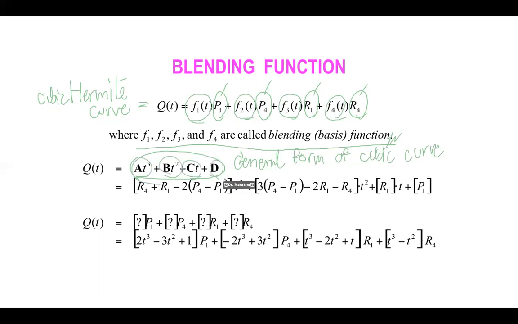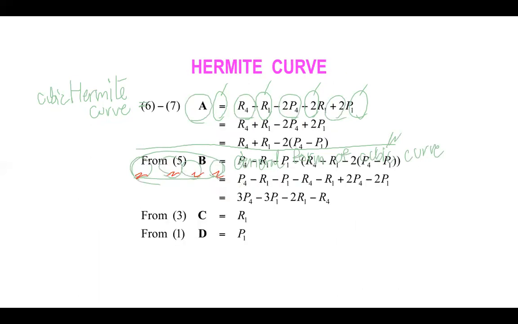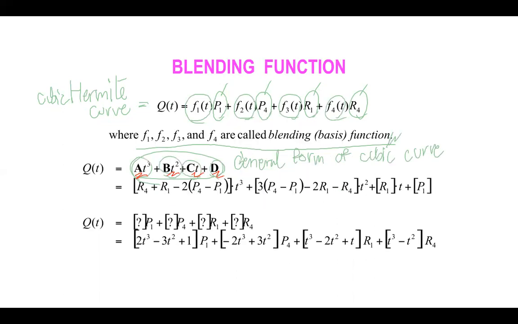So what we do next is substitute. We know a, b, c, d; you have the result from the previous slide. You can get a, b, c, and d from the previous slide, and then substitute a, b, c, d to here. Just simply substitute into the equation.